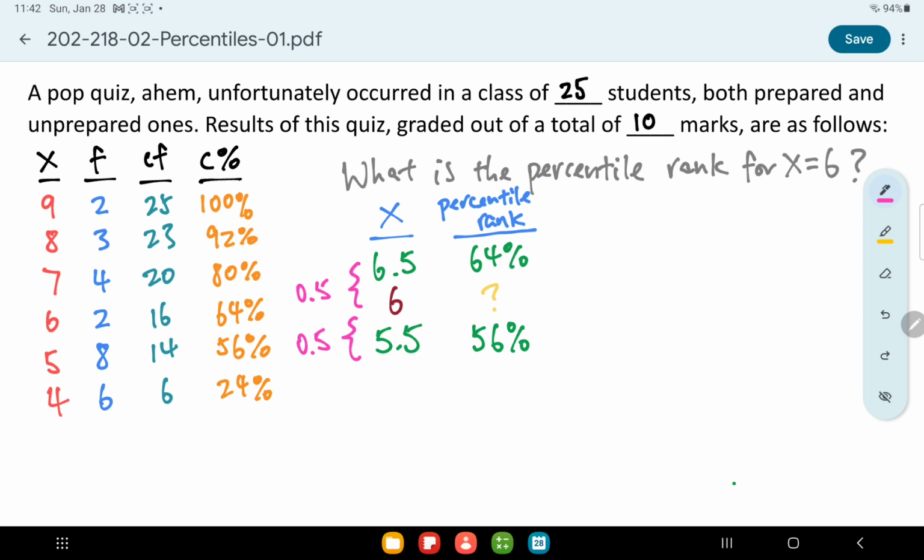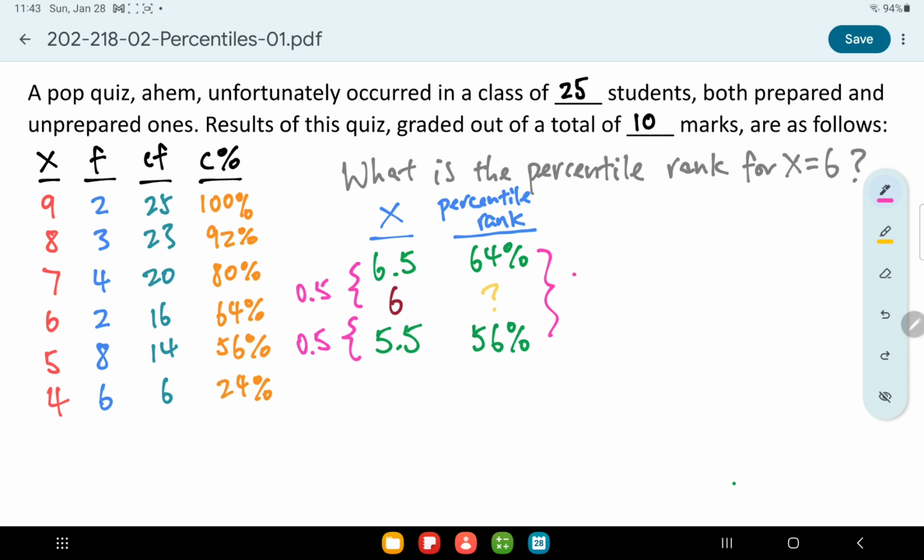We again have a midpoint situation. So it's not exactly a bad thing to cut corners a slight bit. Midpoint between 56% and 64% is, well, you can even eyeball the math right there.